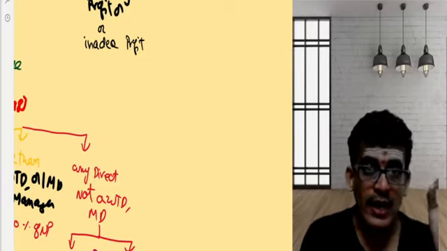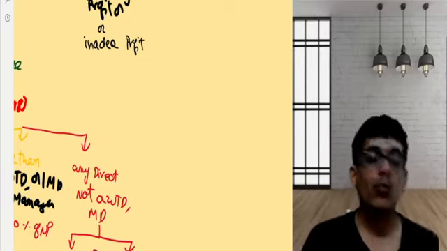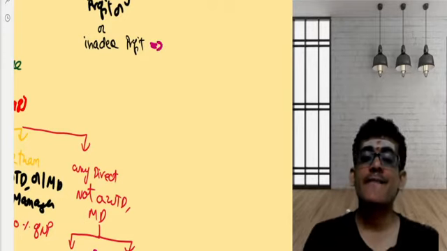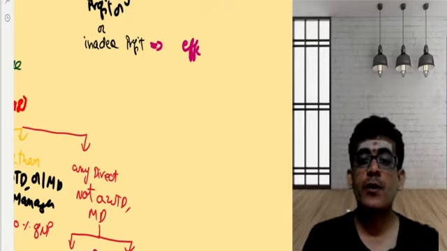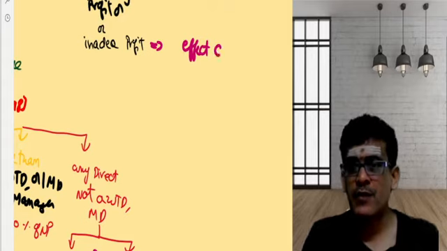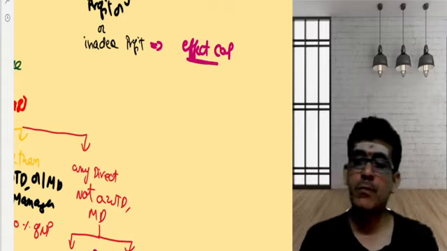If you don't have net profit or if you don't have adequate profit, then the managerial remuneration will be paid based upon something called effective capital. We'll discuss the meaning of effective capital at a later stage, once we finish off this provision.